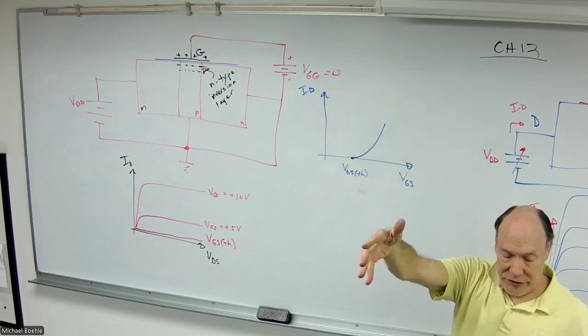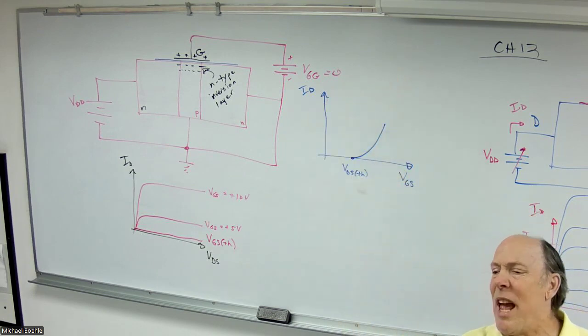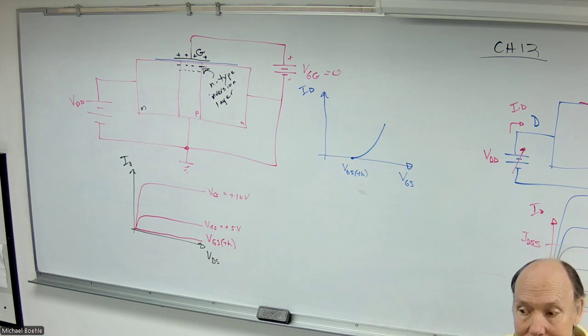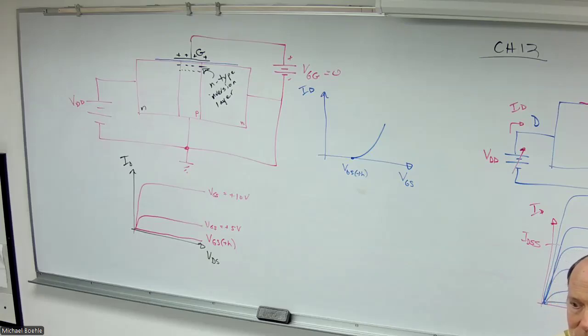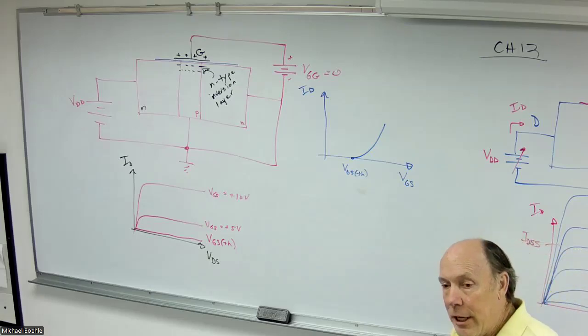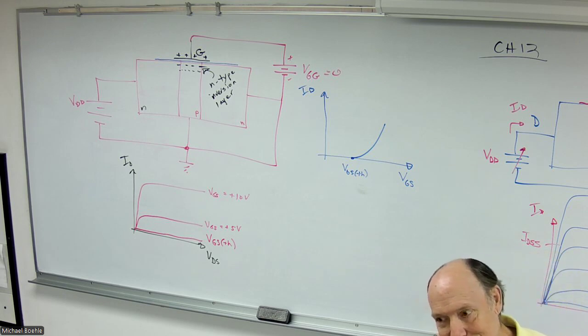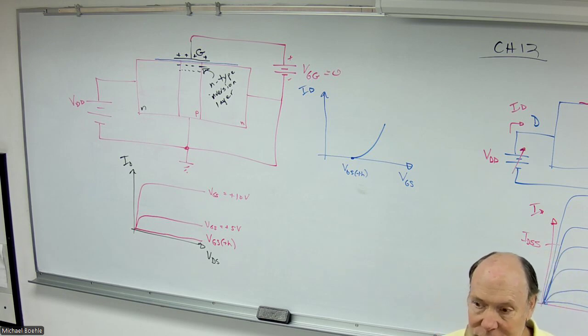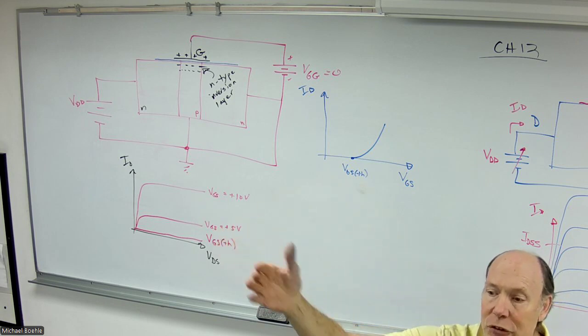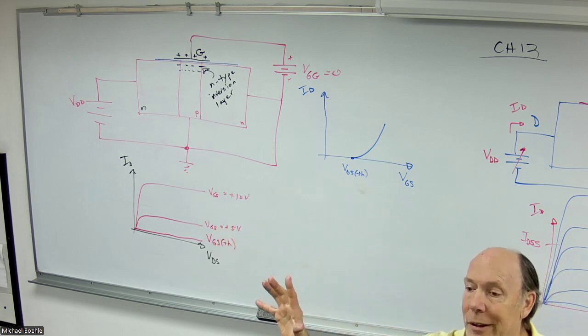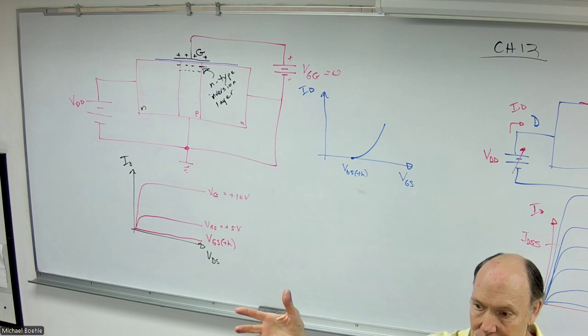But what I said earlier was, well, we're going to probably have a resistor to limit that current. Well, what happens when that current ends up getting limited? In our bipolar junction transistor, we call that saturation. When that current gets limited by external resistors in a JFET, we call it the ohmic region.